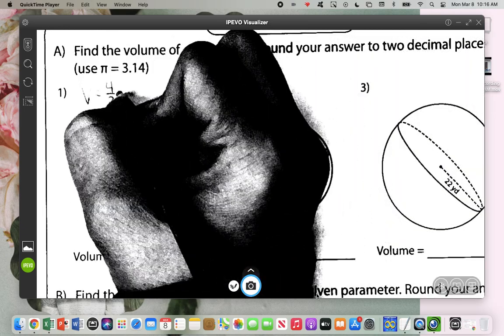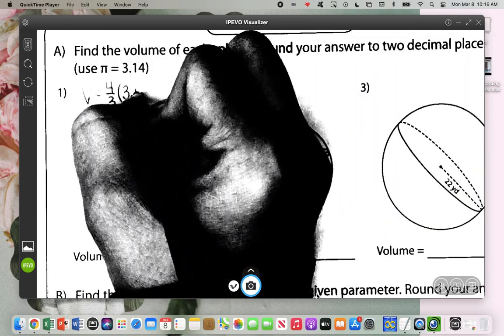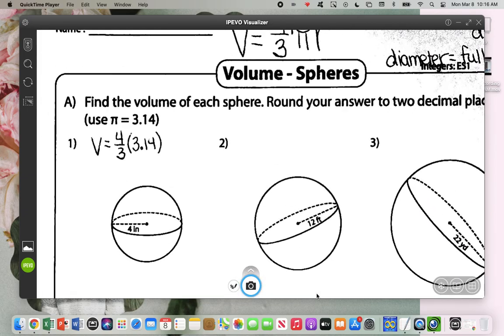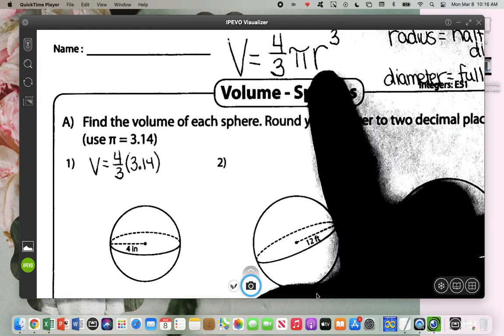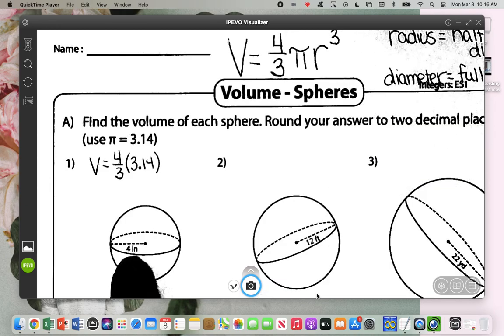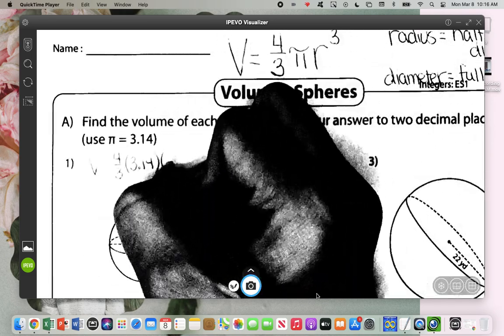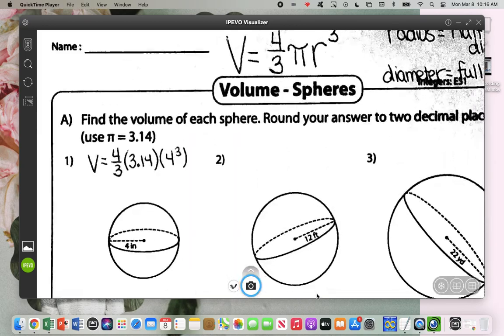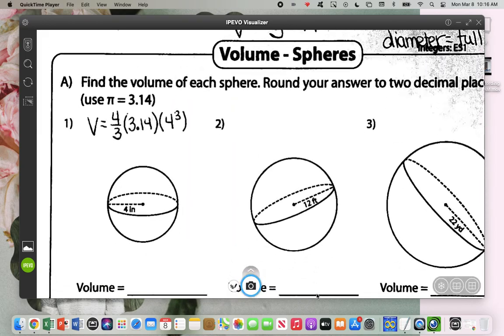All right, so we're going to plug in 3.14. And then the last part of the formula is the radius to the third power. So our radius is 4, so we're going to write 4 to the third power. All right, and then we are going to simplify.